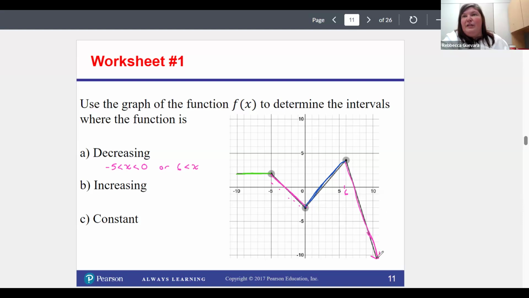We assume that this line, when it goes off the graph, goes on forever, to infinity. To write this in interval notation, the intervals on which it is decreasing are -5 to 0, union, because then it starts again at 6 and goes to positive infinity. Like I said, we're thinking about where x is going. X is going to positive infinity.